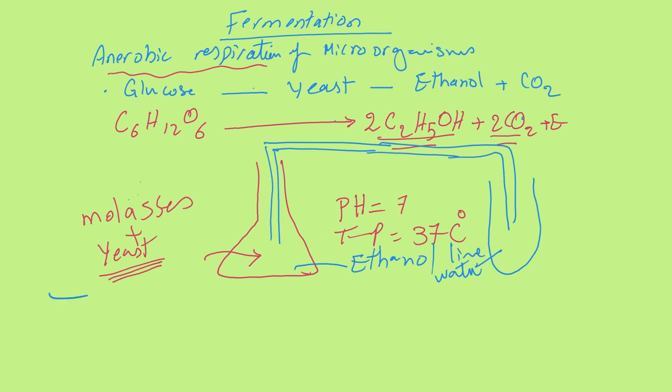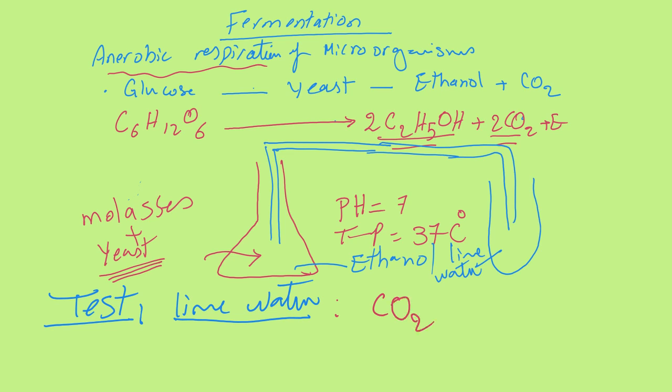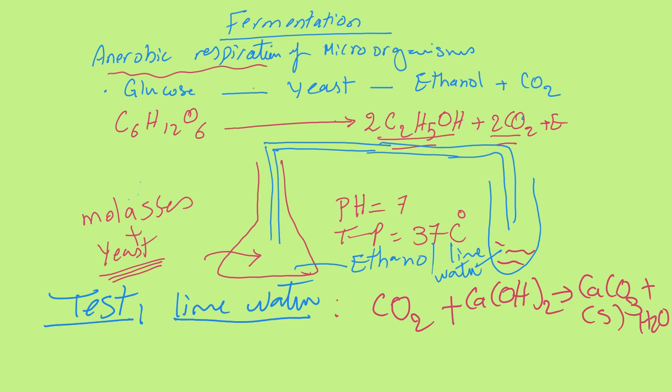So the chemical test we can use here is lime water to test for carbon dioxide. But here I want to remind you of the equation. The carbon dioxide which is produced reacts with lime water. Lime water is calcium hydroxide, forming calcium carbonate and water. Calcium carbonate is insoluble in water, it's a solid. This is why the lime water will turn milky or cloudy.